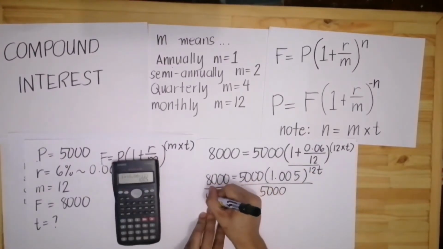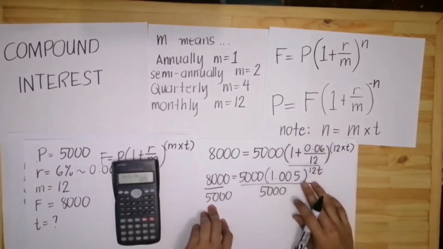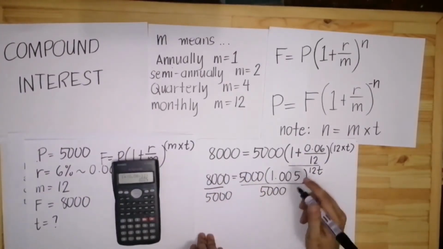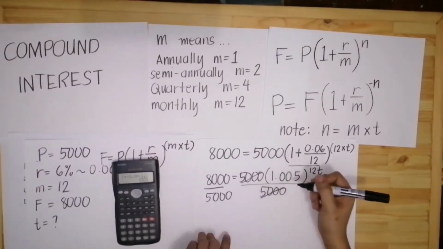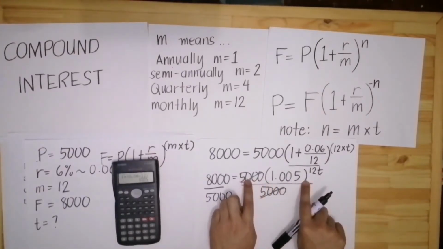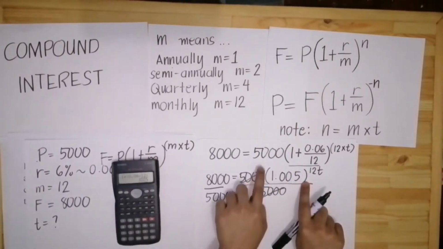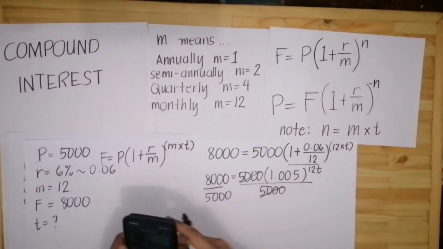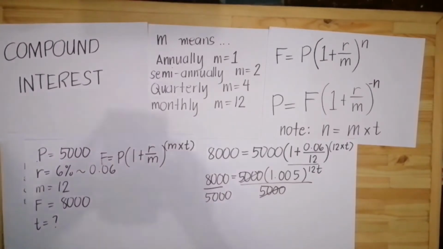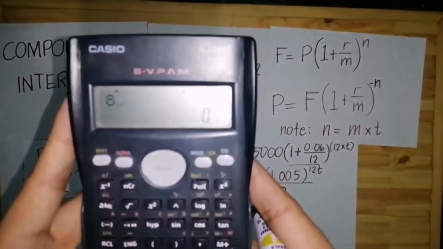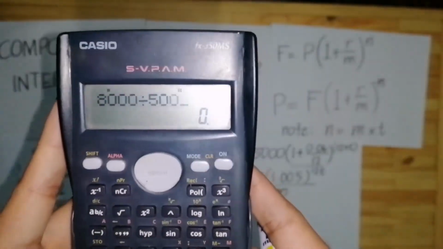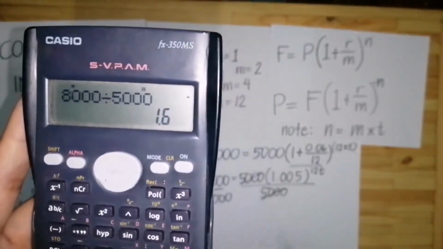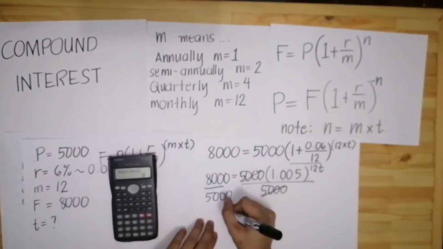Para mabawasan natin yung mga values dito. So ito, 5,000, cancel natin yan. Di-divide nyo lang kung sino yung katabi ng parenthesis. So may katabi siyang 5,000 kanina, ito yon. Divide nyo lang both sides para ma-simplify natin. So 8,000 divided by 5,000 is equal to 1.6.